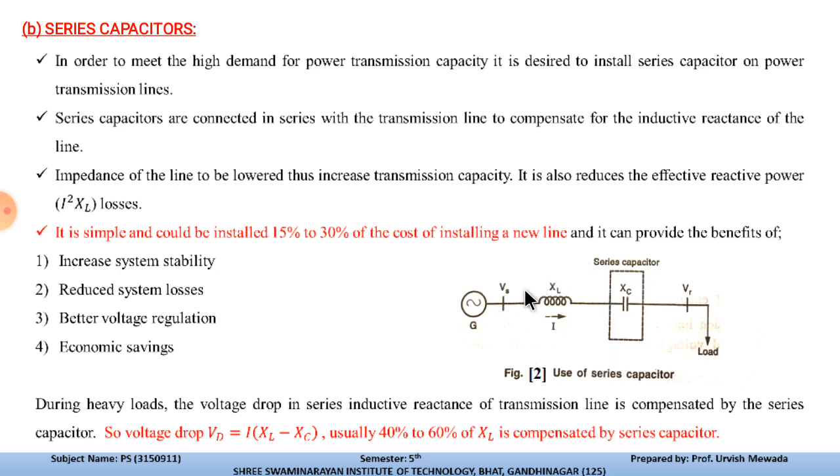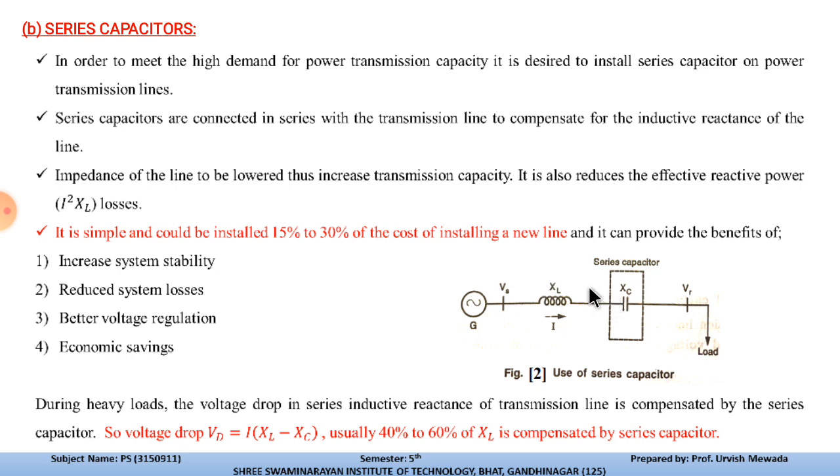By using this series capacitor, we can reduce the line impedance, so the stability of the system will increase. Also it reduces the system losses. If losses are reduced, then with a small input we can get the desired output.